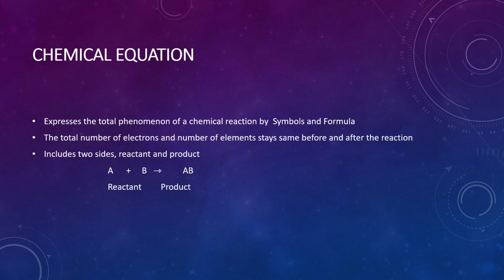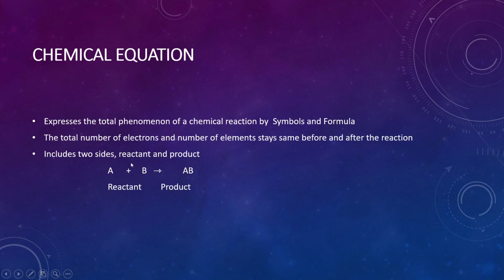The total number of electrons and number of elements will be the same before and after the reaction. That means, let's look at this example. It's a complete reaction. Here A and B are making the product AB. So the left side of this reaction is the reactant, and the right side is the product.